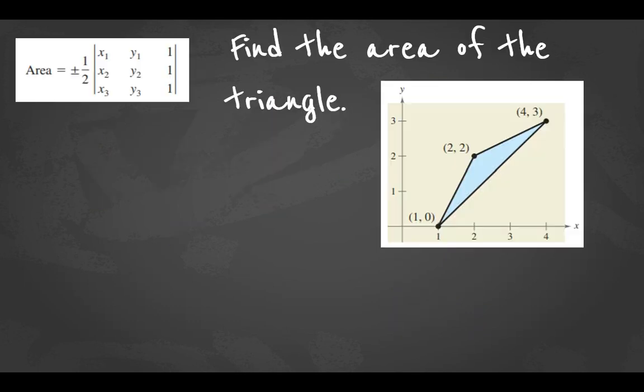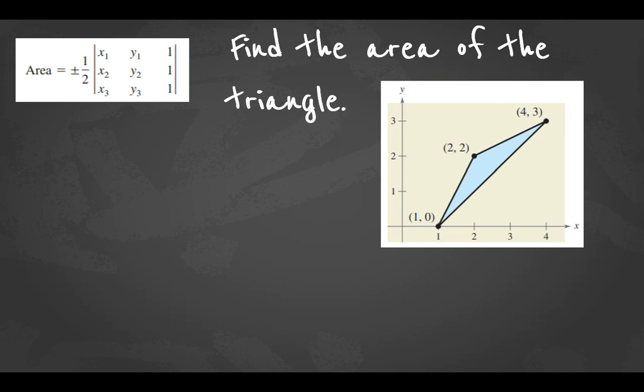Okay, let's talk about another application, which is finding the area of a triangle, given 3 points on the coordinate plane. We kind of did this already, right? Yeah, write down that formula. I don't care if you write it down or not, it's up to you. Will this be a question on the test?